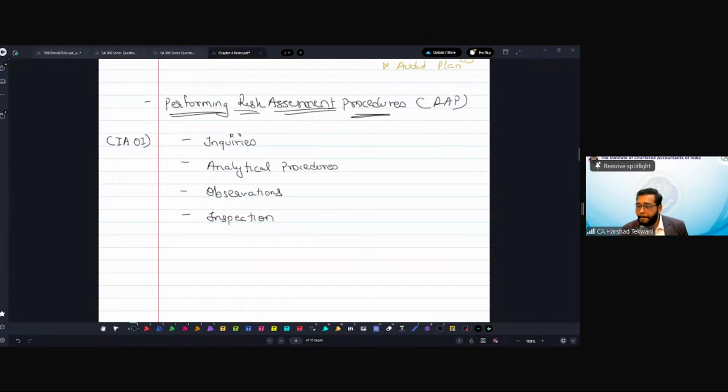Clear? Any doubt? So when I say I will perform inquiries of appropriate individuals within the internal audit, and analytical procedures, observation and inspection, I'm talking about this particular part: I will ask them to tell me the details, and on the basis of that, I will perform the procedures.